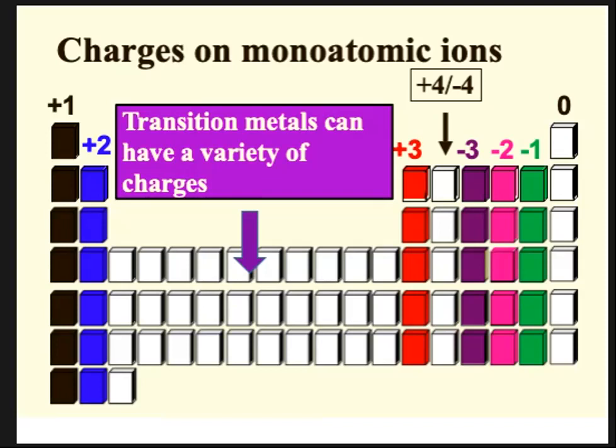Now, if the element is found in group 1, hydrogen, lithium, sodium, potassium, and the rest, it means that the elements here have +1 charge. Make use of +1. So we have here beryllium, magnesium, we have calcium, and so forth. The elements here, if they will form into an ion, it will achieve +2 charge.